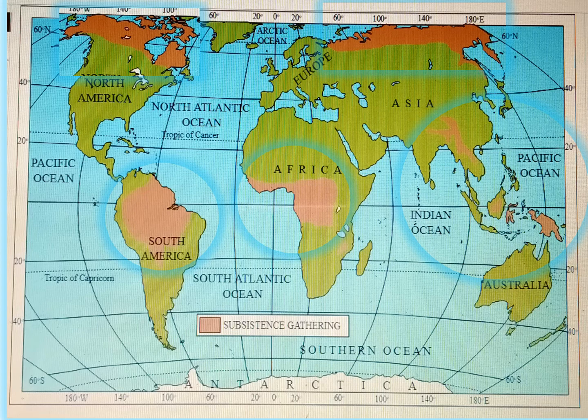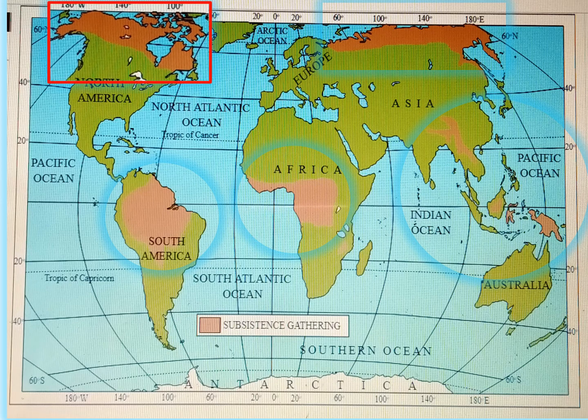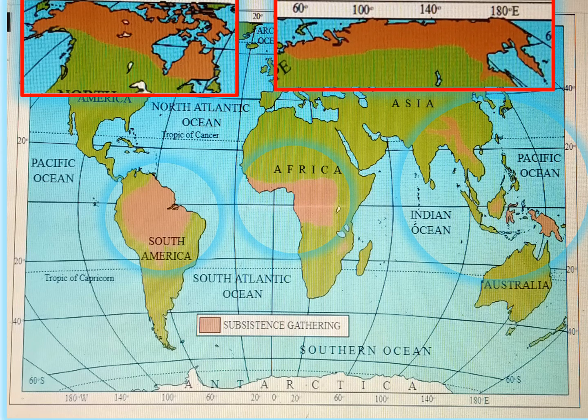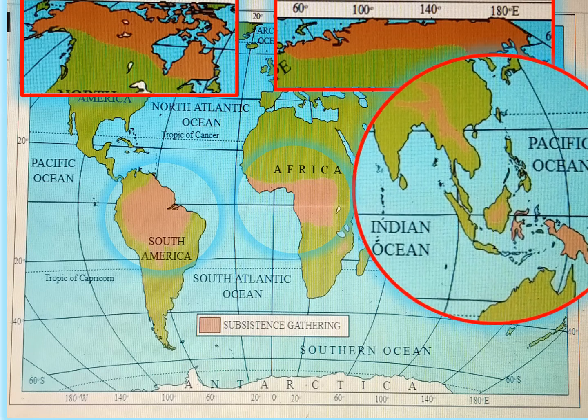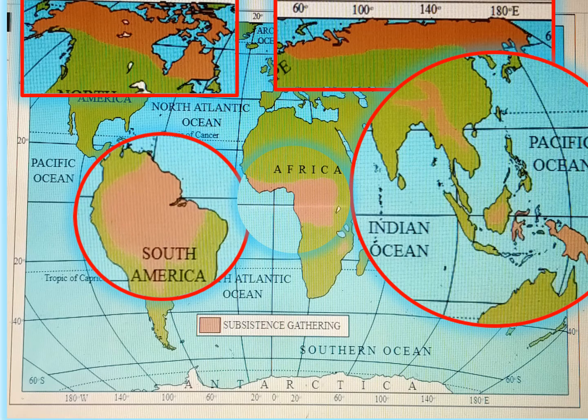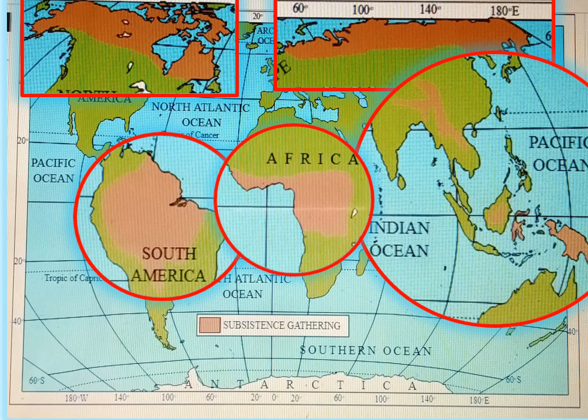Gathering is practiced in high altitude zones like northern Canada, northern Eurasia, northern fringe of Australia and interior part of Southeast Asia, Amazon basin, and tropical Africa.